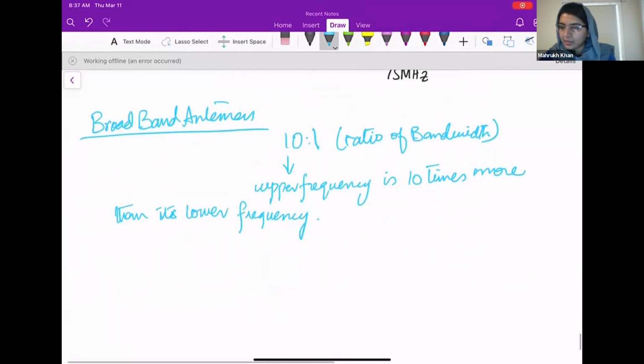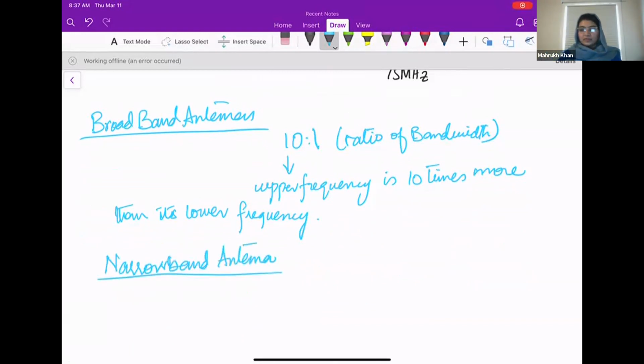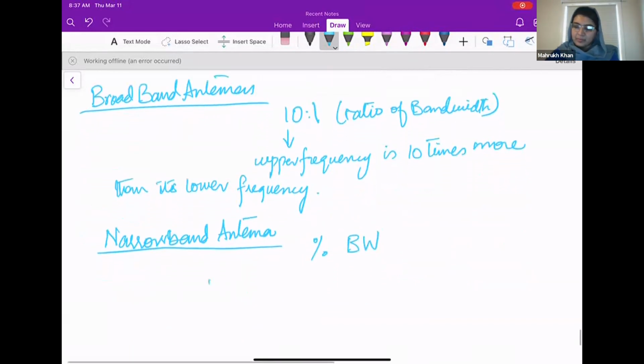Then we have a narrow band antenna. What is a narrow band antenna? Narrow band antennas have very small bandwidths, and their bandwidths are measured in percentage bandwidths. The percentage bandwidth is F high minus F low divided by the average of F high plus F low by 2.